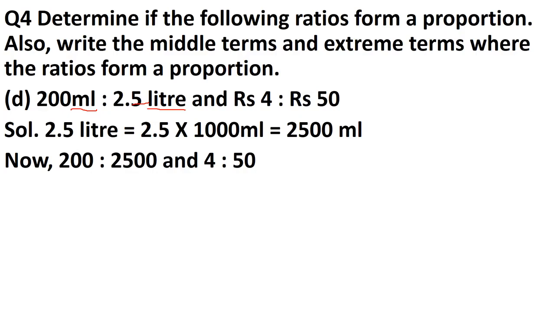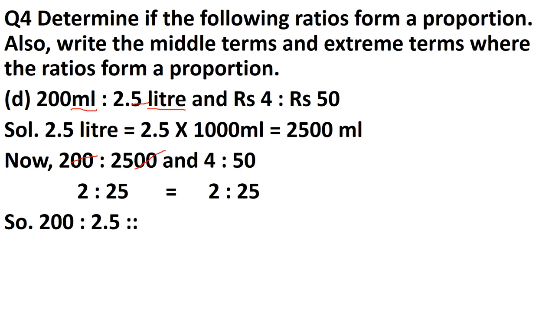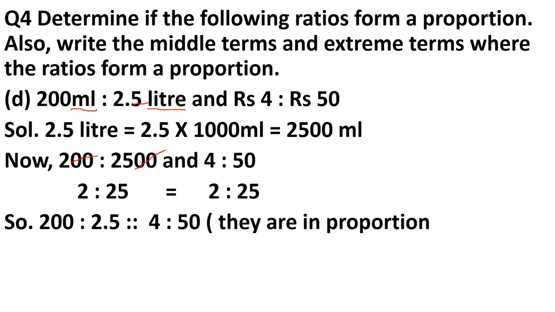This is the one part, and the second part is 4:50. Find the ratio. These two zeros will cut with these two zeros. So what is left? 2:25. And here also 2 2s are 4 and 2 25s are 50. These two ratios are equal. That means they are in proportion. So 200 is to 2.5 is proportionate to 4:50.